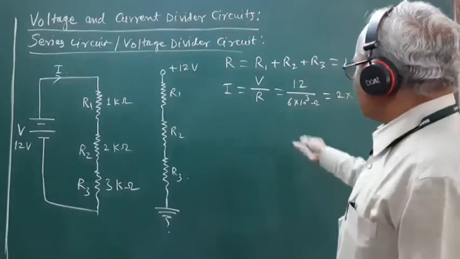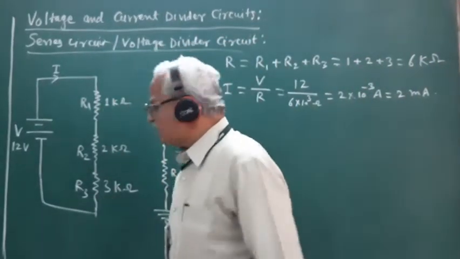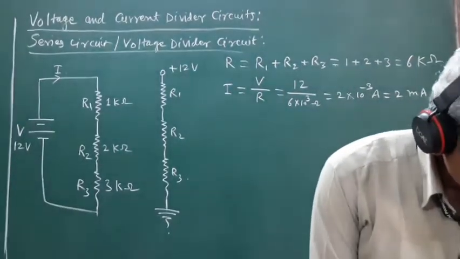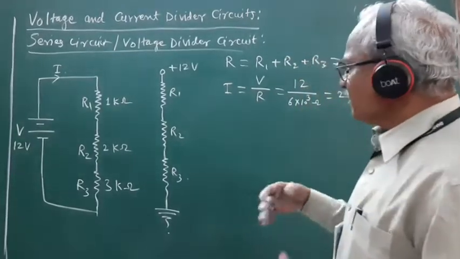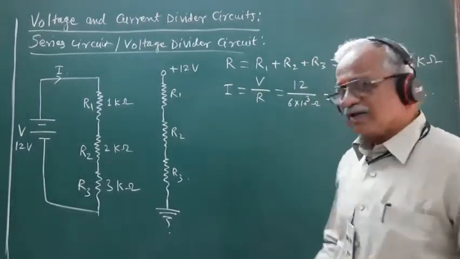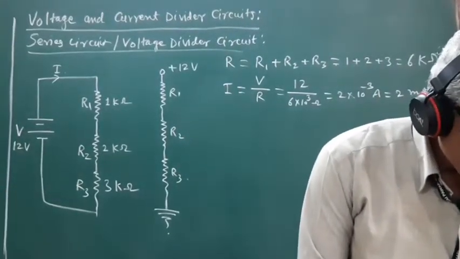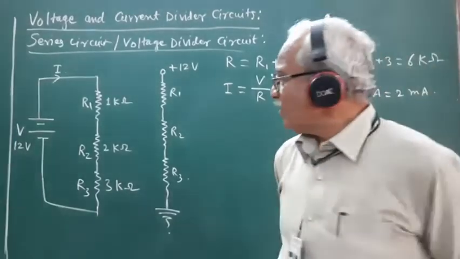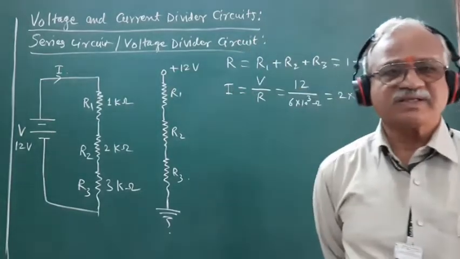And since the same current flows through all these three resistors, we can find out the potential drops across these three resistors. These potential drops also can be obtained by using the potential divider formula. These potential drops depend on the value of the resistors.